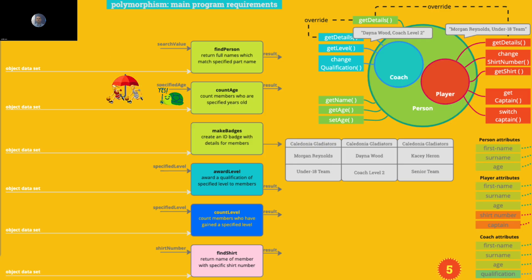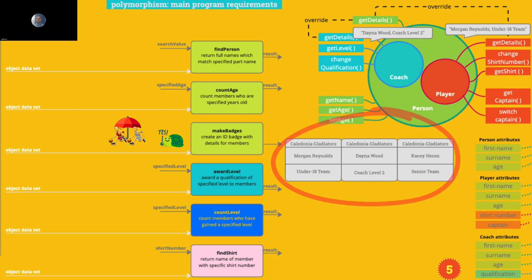They can access the same methods and so on. Make badges will also work, but we'll get a different output because it's an overridden behavior. So although get details can be used within the make badges process, we will get a slightly different result, and we can see that in the badges produced just below the Venn diagram.